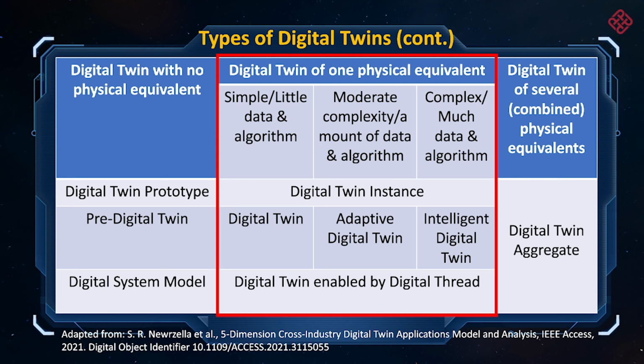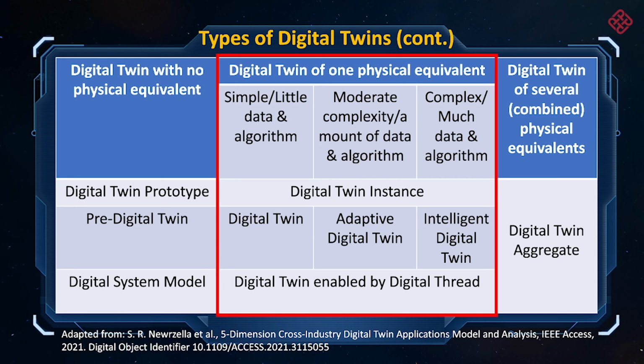All right. So with regard to these three, if you are talking about a prototype, then irrespective of the volume of data and the complexity of the algorithm, we refer to this as a digital twin instance, because that's a running instantiation of the digital twin physical system. If it is using a small amount of data and a simple, straightforward algorithm, we just call it a digital twin.